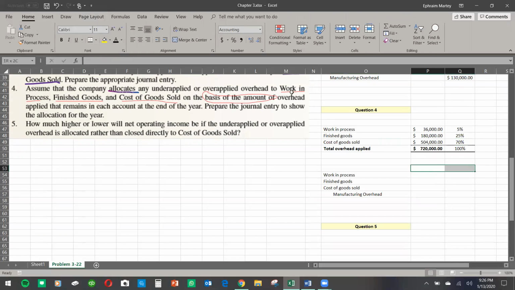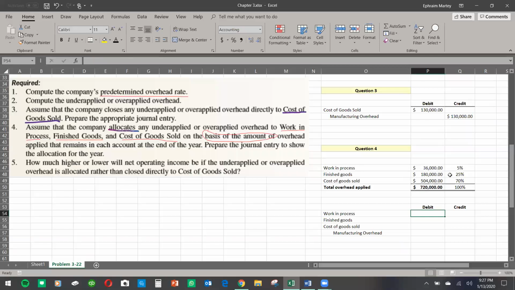I've already typed it out, so we just reveal it. Doing our T-chart again, we have our debit and credit. So work in progress was 5%. So 5% times 130,000. That was 6,500 was the cost.